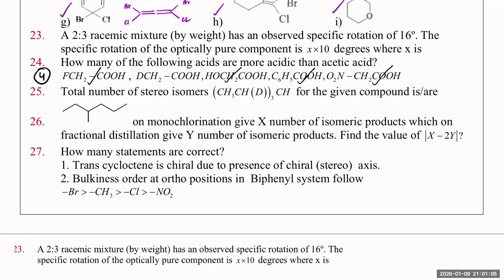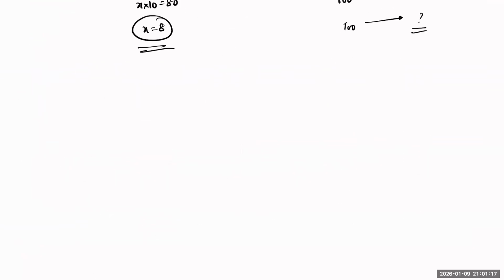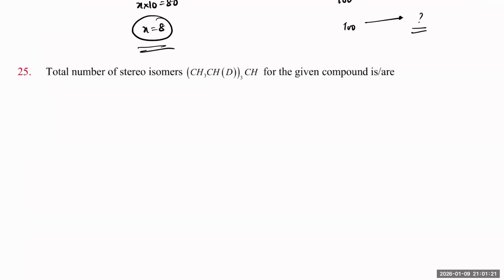Next. Let's see. Total number of stereoisomers for this compound is how many? Let me copy this here. Total number of stereoisomers for this one.